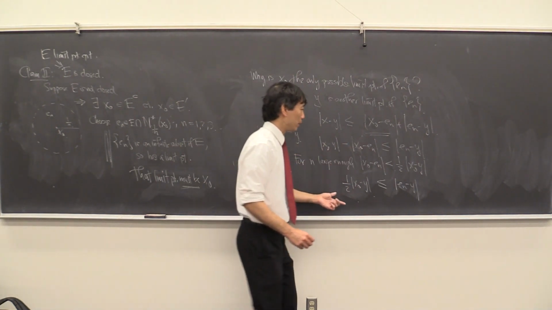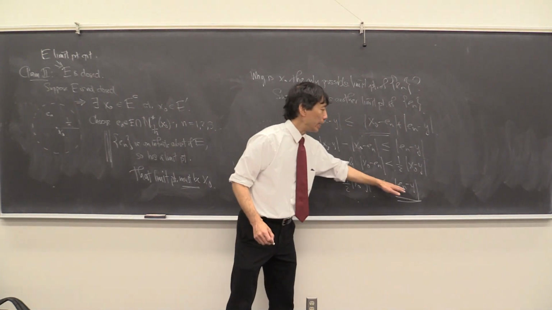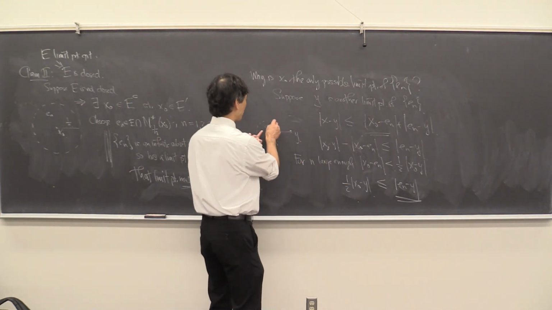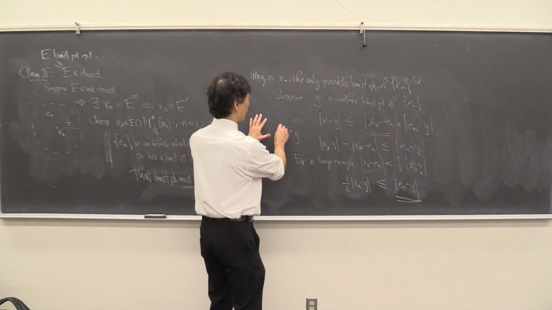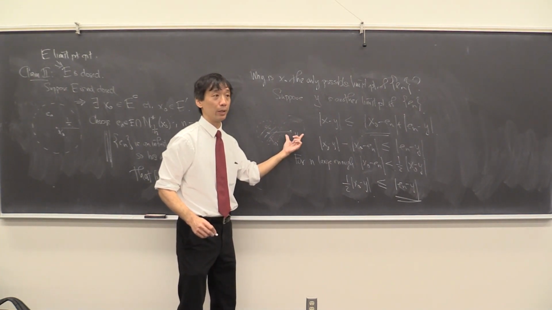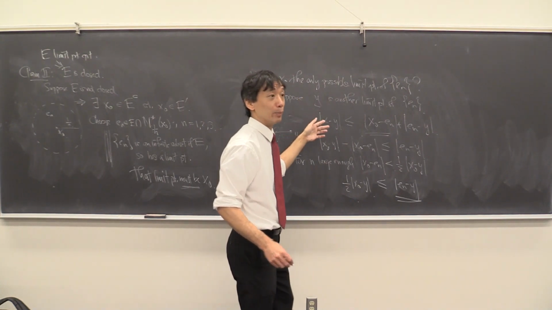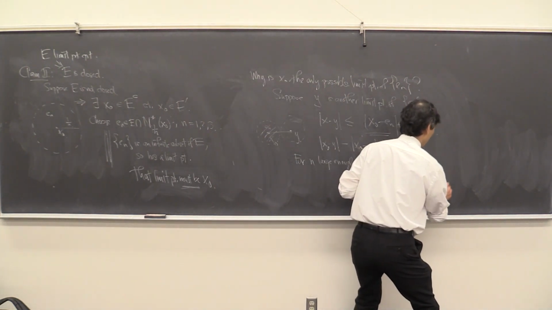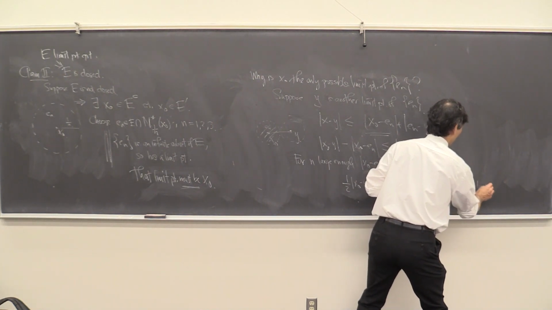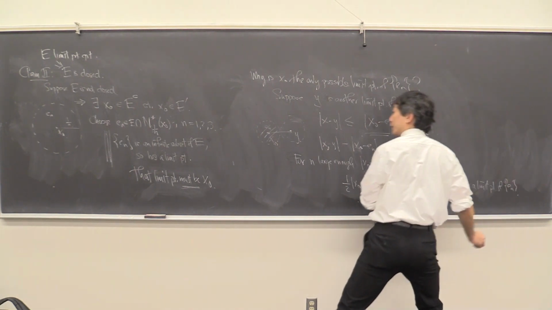But that means that after a certain point, the E sub n's are going to stay away from y, right? They are not in this neighborhood. So y is not a limit point. So y cannot be a limit point of these things.